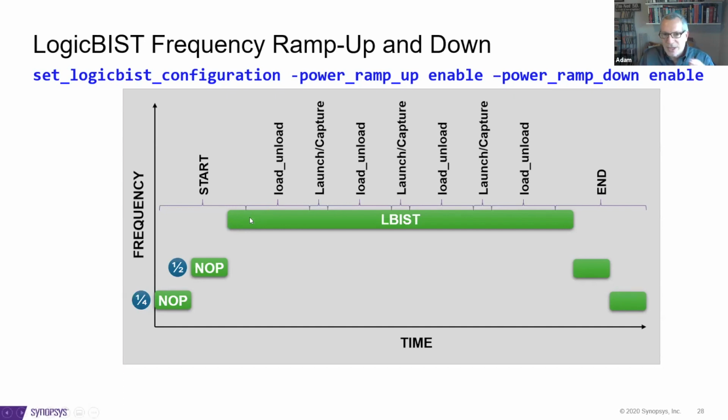But slow down, then start your logic BIST at speed, and then at the end, as Dave was saying, you don't want to jam in a bunch of current as you turn off logic BIST immediately. So slow down gradually so that supplies can react and you don't get issues.